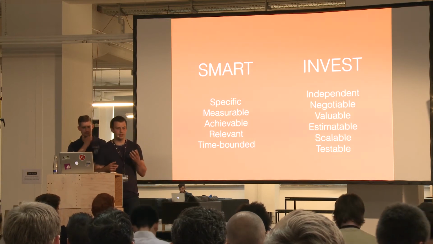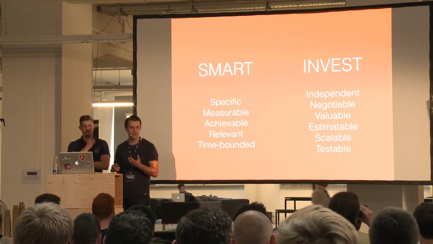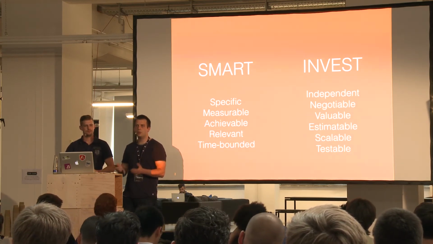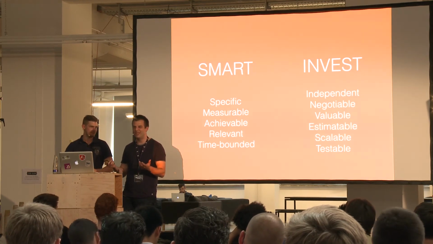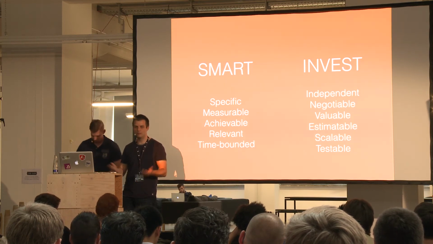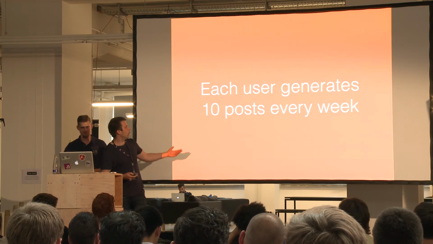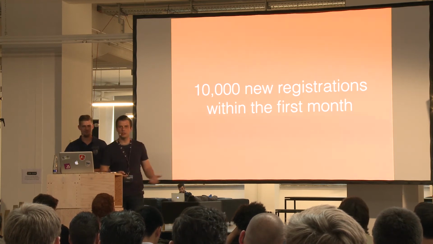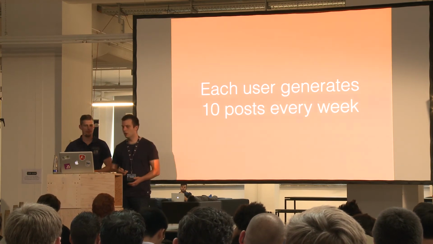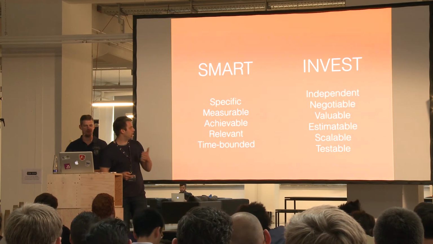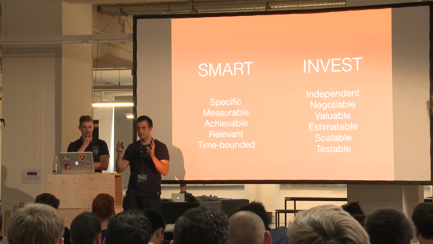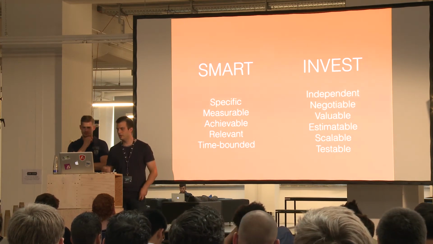You should include some metrics in your hypothesis which you can validate. So if I say, I want to be the greatest company in the world, how do you measure it? I want more users than everyone else. But if you say, okay, I want to have 10,000 new registrations, you can go to your database, build a query and just get the result. So they should be measurable and time-bounded. You fix your hypothesis so that you can check on it.